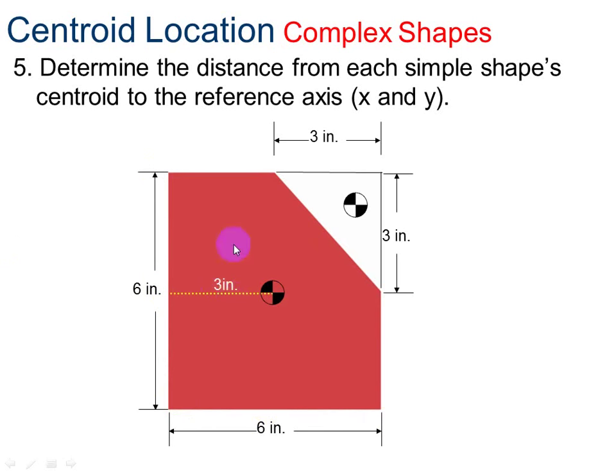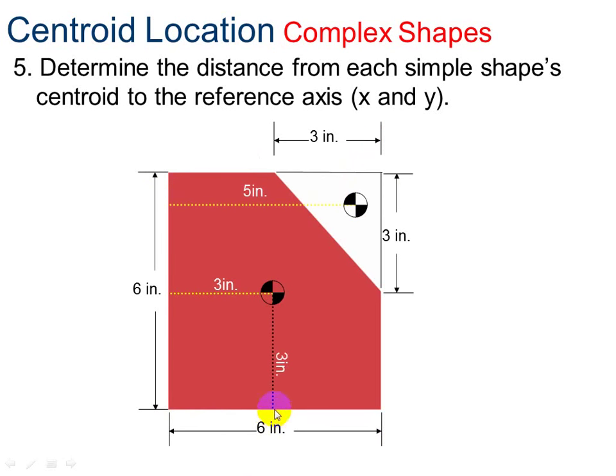And then for this one, this distance over here is a third of this base, so a third of 3 is 1. But my reference axis is over here, so my distance needs to come this way. If this much over here is 1 and the whole thing is 6, then this over here is 5.